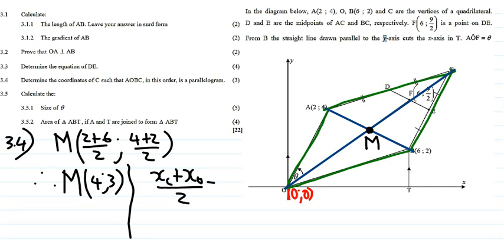And that should give me what? 4. That is just the x part. Now, do I know x at C? No, that's what I'm looking for. But the x at O is obviously 0. Now, do you see it? X at C is what? 8.